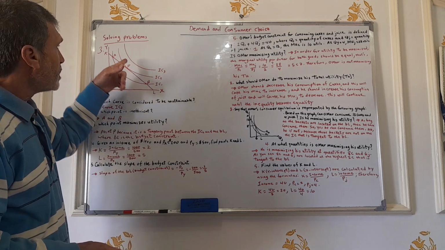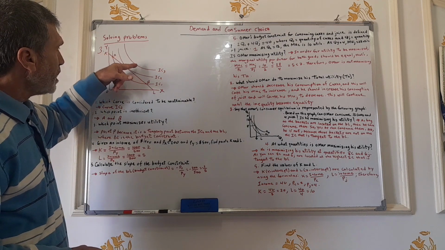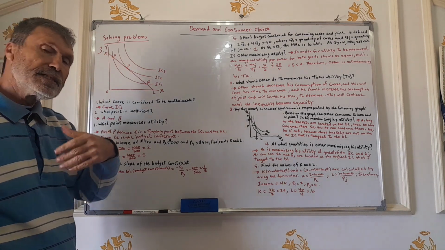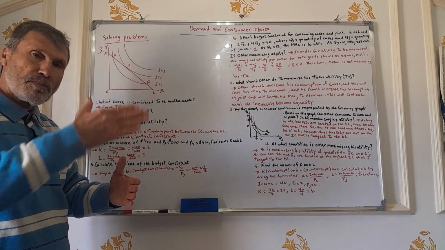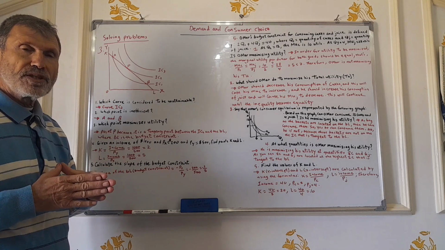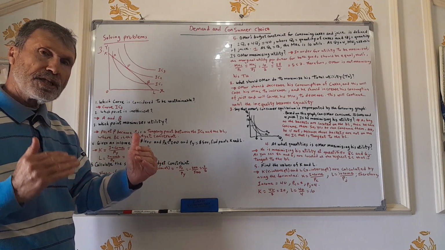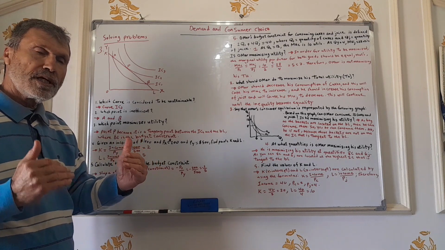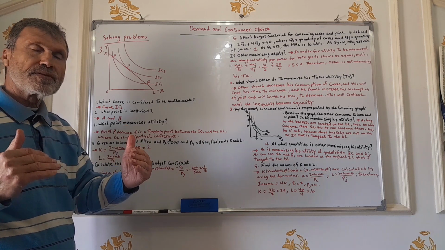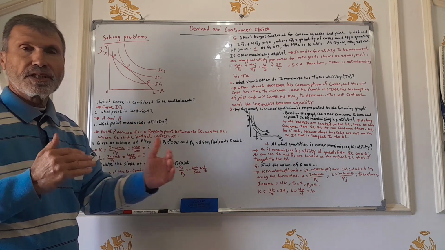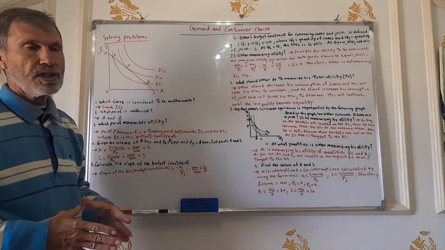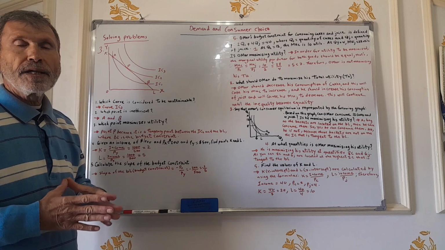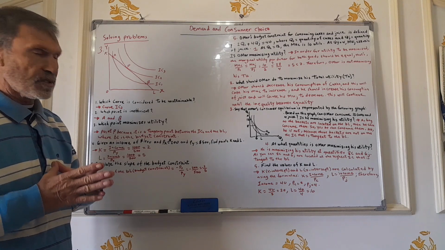Of course, as you can see, the indifference curve IC3 is unattainable because it is above the budget line. So his budget dictates which indifference curves he can reach. Because it's above the budget line, it is an unattainable indifference curve.